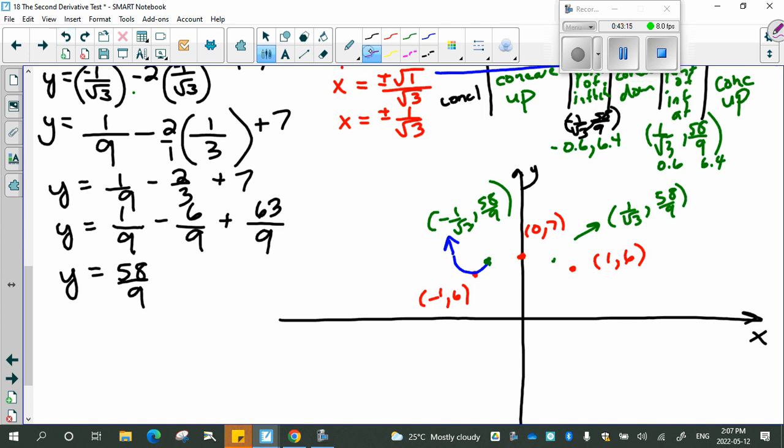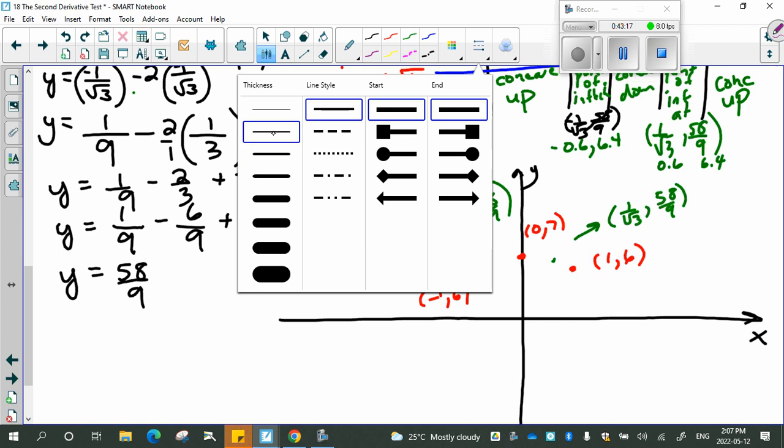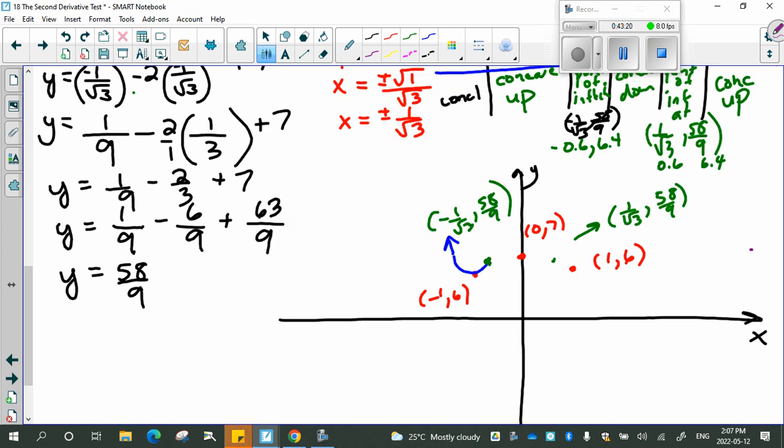I'll do the purple better later. Okay, so that's my purple part. It's concave down. And then I'm concave up again from 1 over root 3 to infinity. It should look nicer, but get it? Okay, so we're going to stop there.